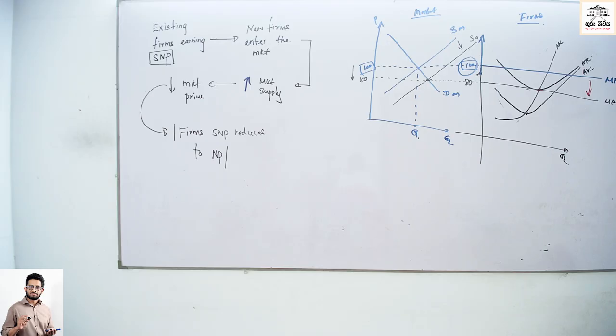That supernormal profit will gradually disappear, and finally the firm will have normal profit in the long run. Remember, that is not the fault of the firm. Anyway, everyone wants to earn supernormal profit, right?